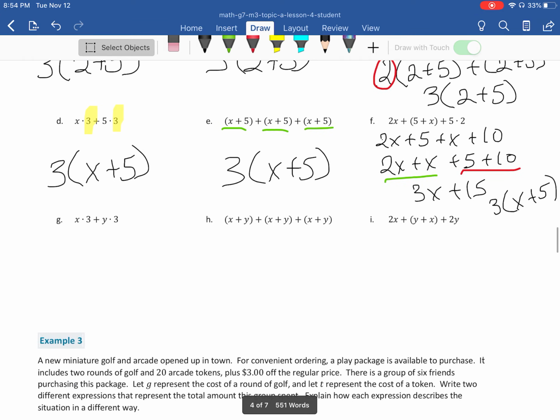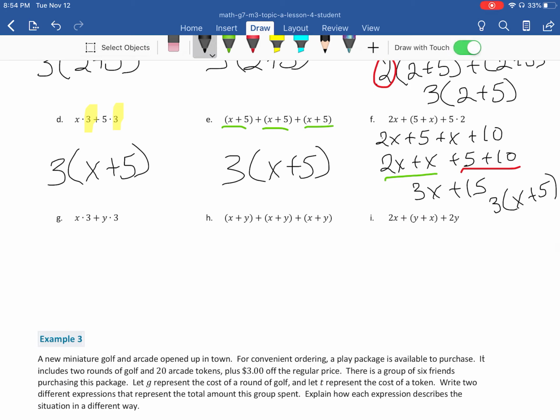Let's move down to the next one. G, I can factor out the 3 on both of them, and I'm left with x plus y. I have 1, 2, 3 groups of x plus y, so 3 times x plus y.